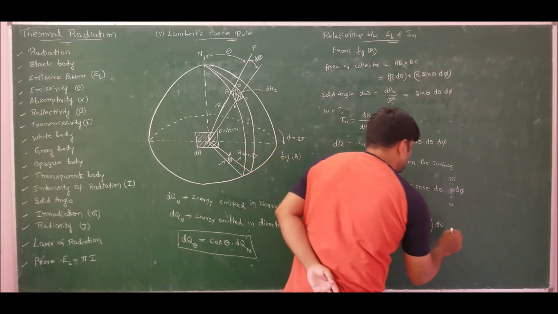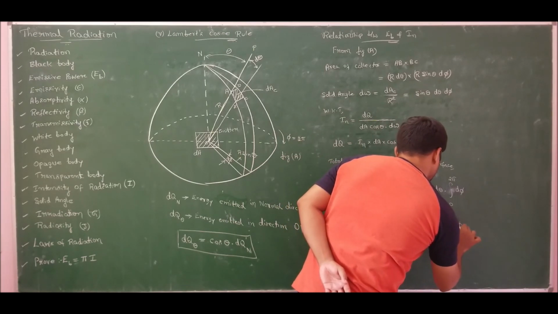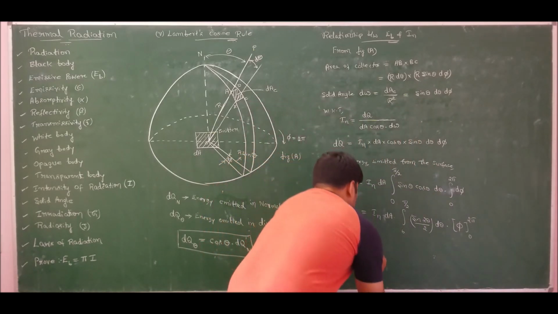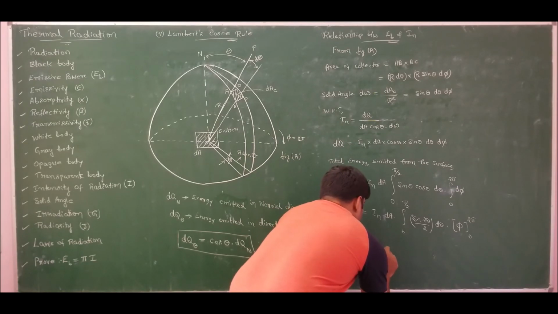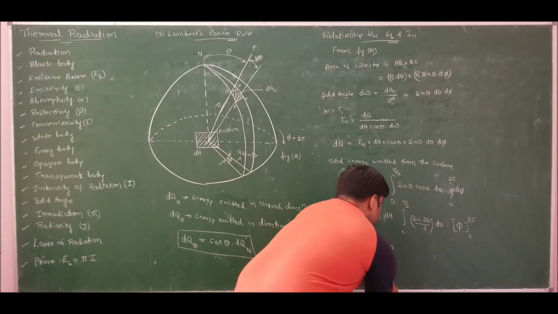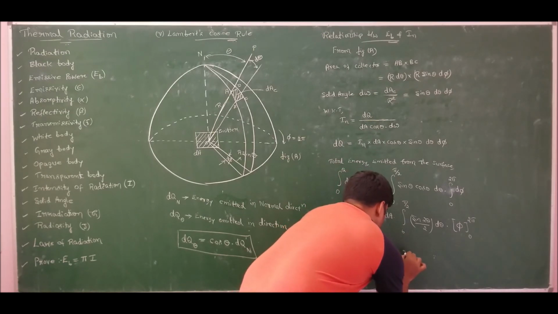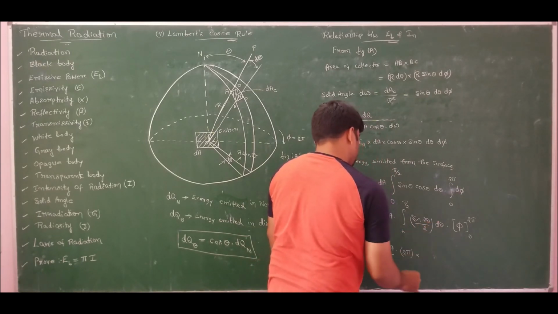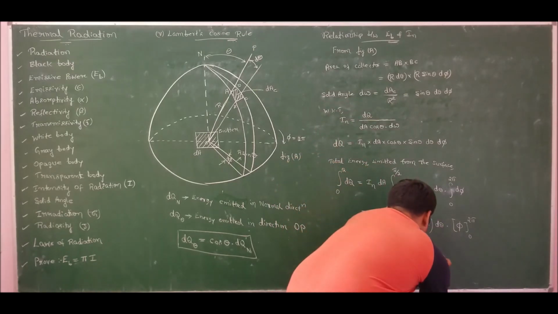Therefore, I can write sin 2 theta by 2 into, if I integrate, phi, which varies from 0 to 2 pi. So if I integrate and solve, I will get intensity of radiation times dA into 1 by 2 into 2 pi into the integral of sin 2 theta, which is minus cos 2 theta by 2, varying from 0 to pi by 2.